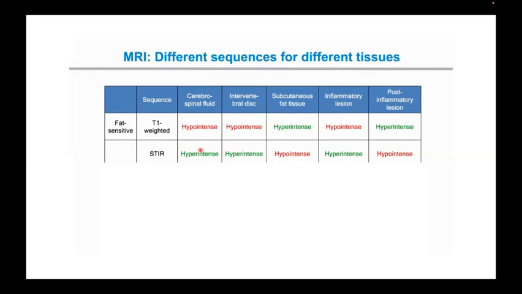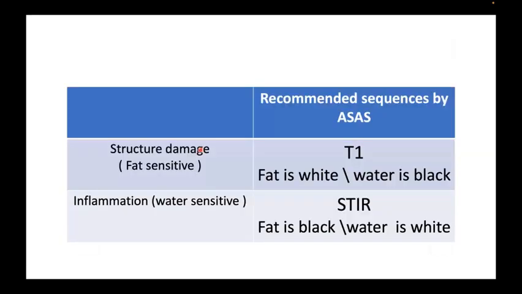Fat will be black. Again, in T1, fat is white and water is black. STIR is completely opposite: fat is black and water is white. That's why T1 is a good modality to see structural damage, while STIR shows the inflammation signs.